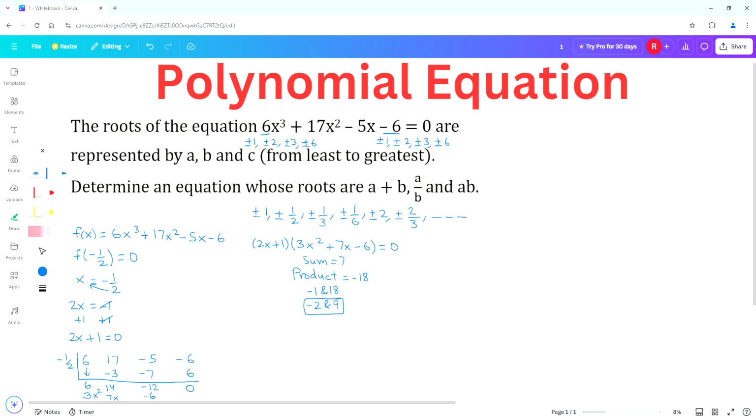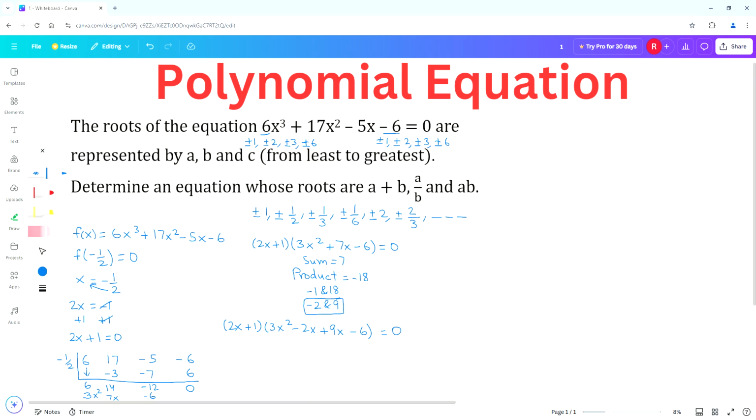We can use these two numbers to break up the middle term. I broke up the middle term 7x into negative 2x plus 9x.